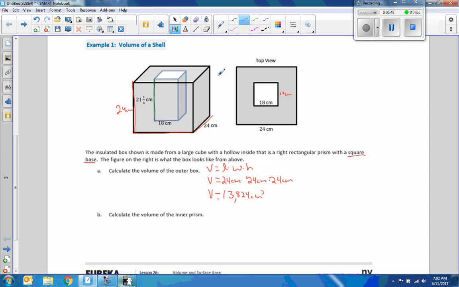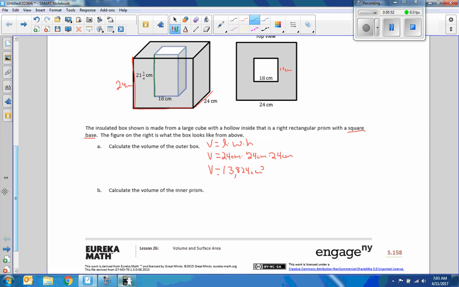Okay? Now B says to calculate the volume of the inner prism. So the volume of the inner prism is 18 by 18 by 21 1/4. So volume equals length times width times height. So volume equals 18 times 18 times 21 1/4. I should have centimeter, centimeter, centimeter, but I'll just add it at the end.